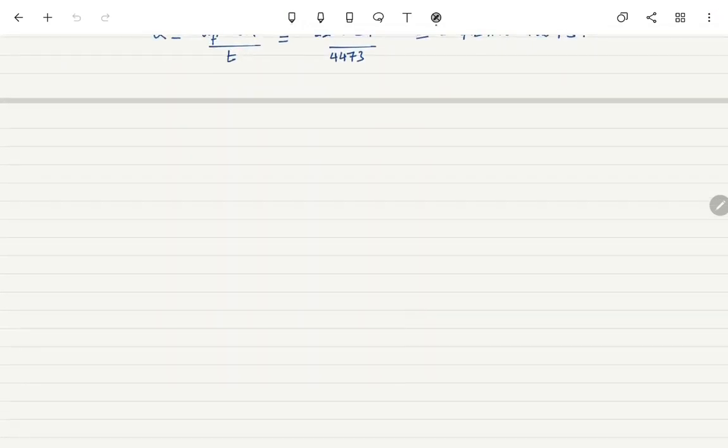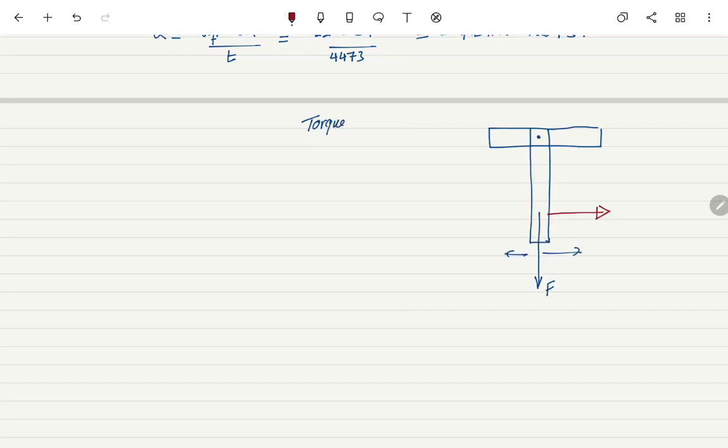Now let's define torque. Consider that we have a rod connected through another bar through this pivot point. Now this rod is allowed to swing back and forth here.